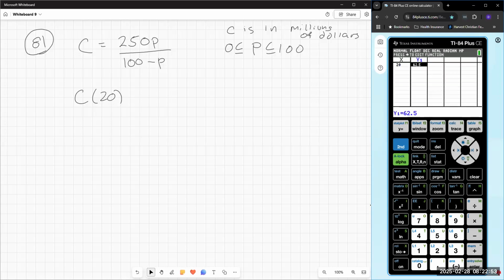Here, so that's 62.5. Remember, these are millions of dollars, right?